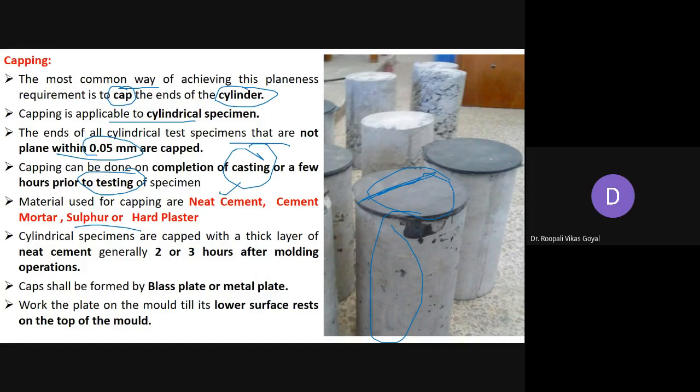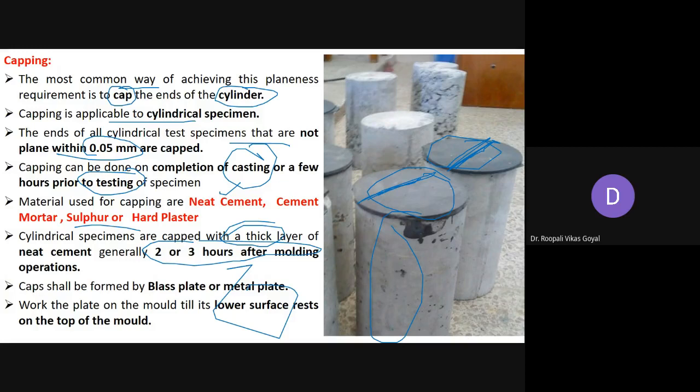Generally cylindrical specimens are given a thick layer of neat cement, generally 2 to 3 hours after the molding operation is done. And at the top, a glass plate can be applied, so that will bring plainness to your particular cylindrical specimen. Okay, so this plainness, which is applicable to the cylindrical specimen, is called capping.